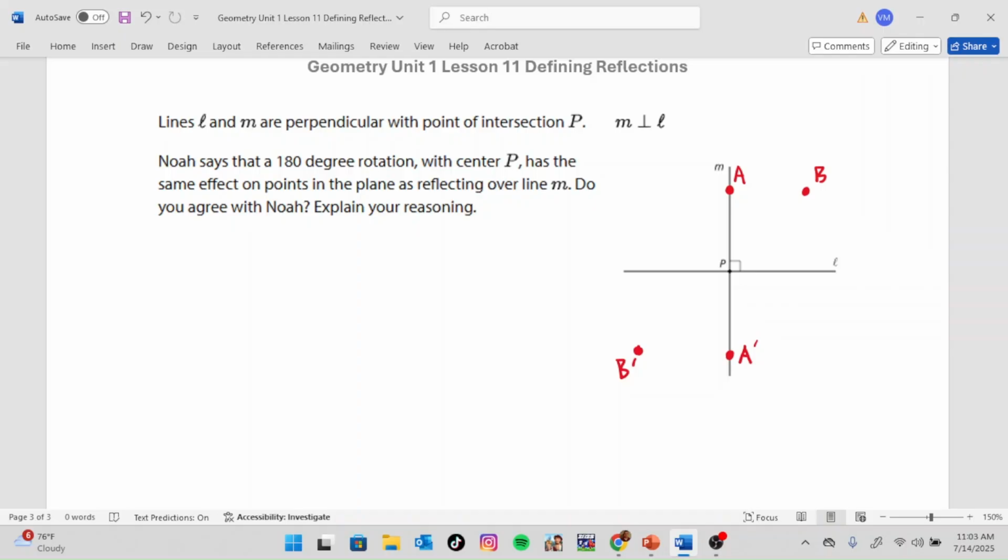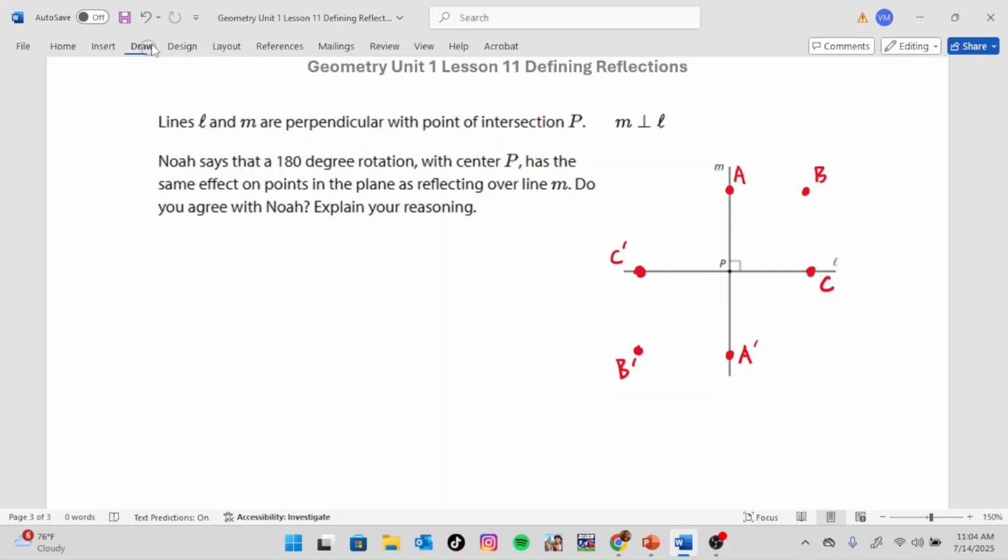And the third point that I'm going to use is point C on line L. If we rotate clockwise 180 degrees, then point C prime is over here.